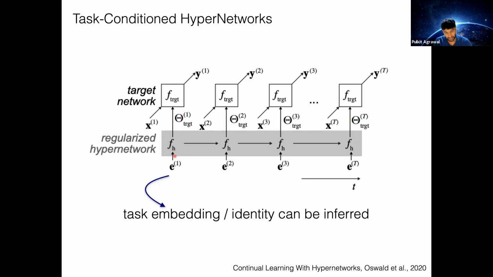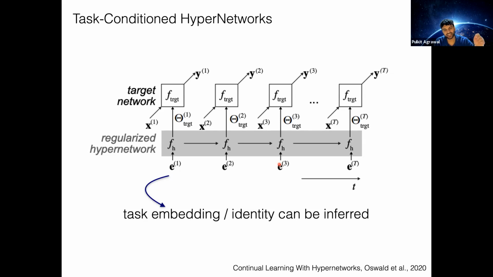Typically the way these works operate is, suppose I have done 3 tasks until now, and I am getting some new data. What I will say is, well, if I have done 3 tasks, I have task embeddings for 3 of these tasks, say E1, E2, E3. Now I'm going to try to perform this task with any one of these embeddings, and then I can measure the uncertainty in my performance.